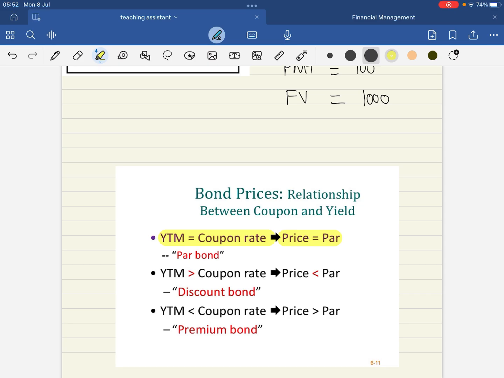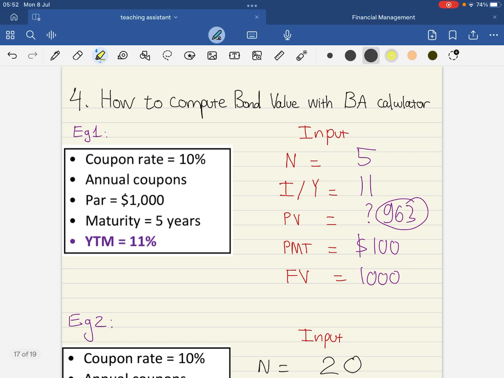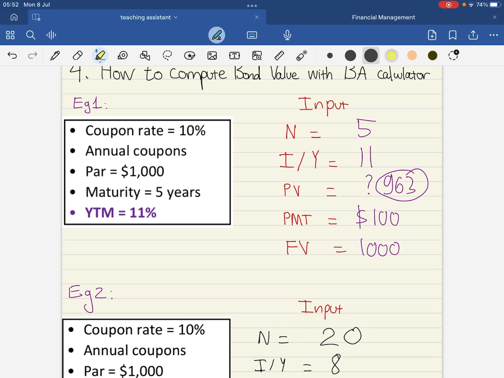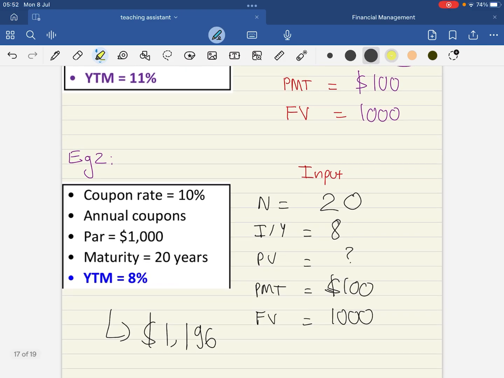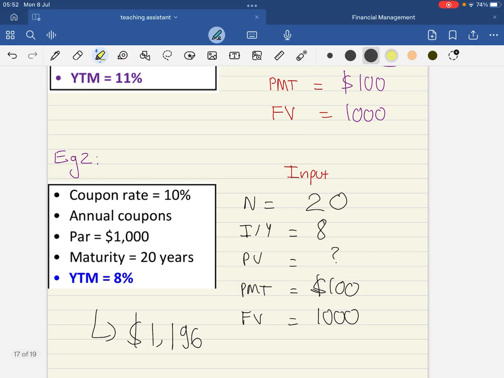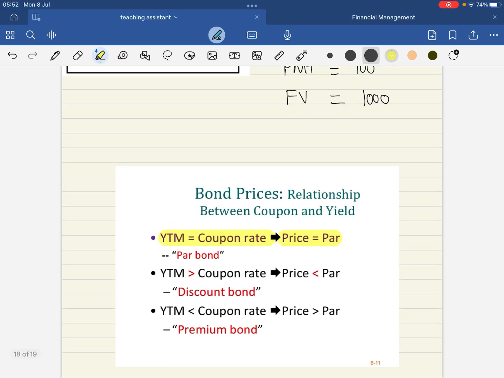Meanwhile, if you take a look at the previous example, example number 1, the present value, which is the current price, is smaller than the par value. This is simply because the YTM is larger than the coupon rate, so the price is smaller than the par value. And in the second example, when the YTM is smaller than the coupon rate, the price is larger than the par value.